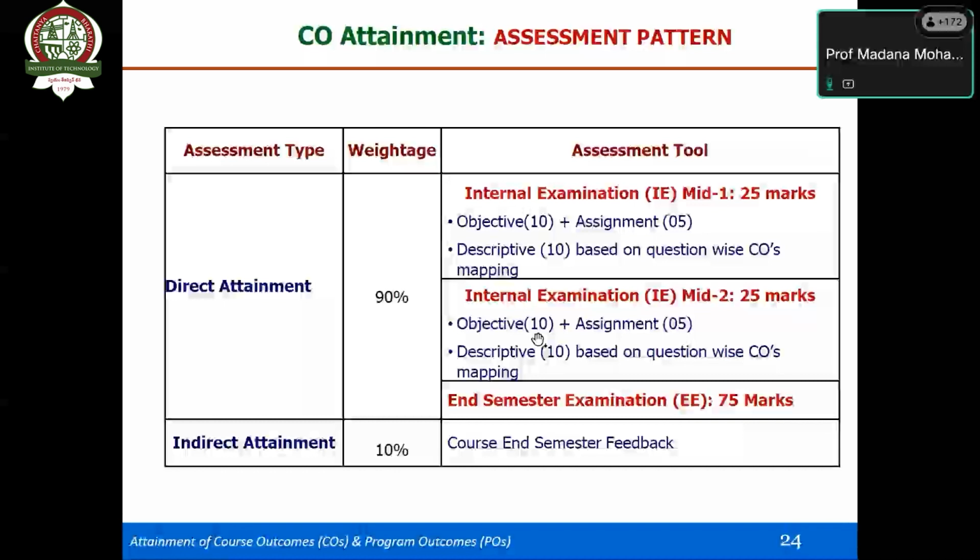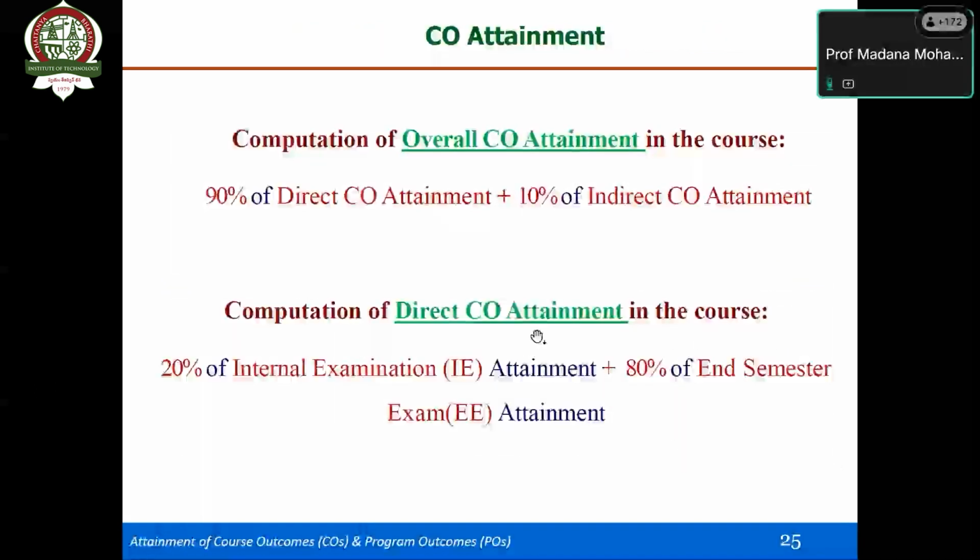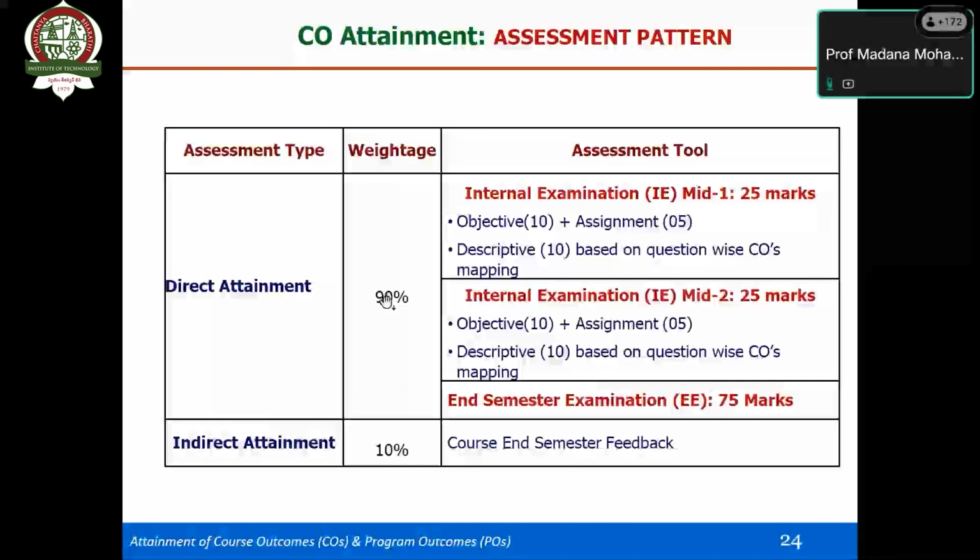Okay, with this assessment type and this weightage, let us see the formulas for calculation of CO attainment, direct attainment and indirect attainment. This is the formula for computation of overall CO attainment of the particular course. Here we have taken direct attainment 90%, indirect attainment 10%.